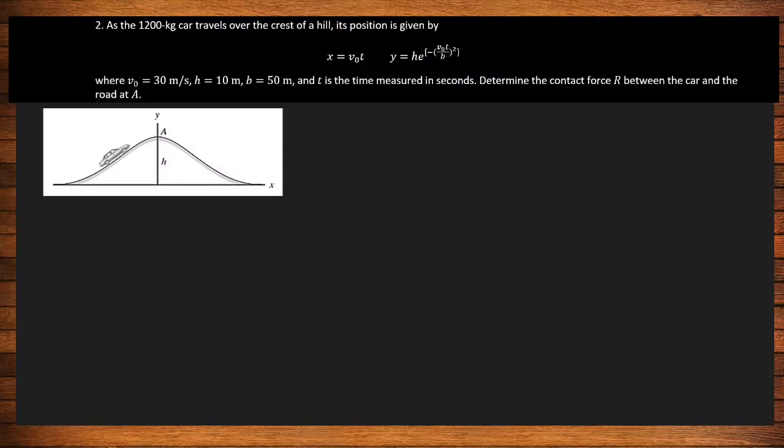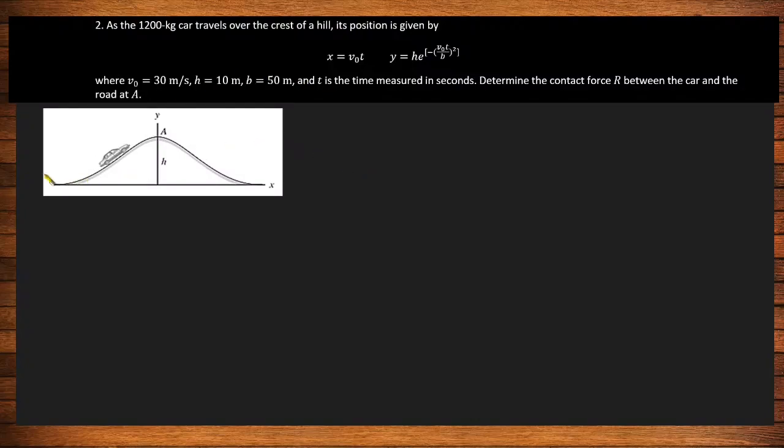So for the additional given, we have v sub o equal to 30 meters per second, h equal to 10 meters, b equal to 50 meters, and t is the time measured in seconds. So determine the contact force between the car and the road at point A.